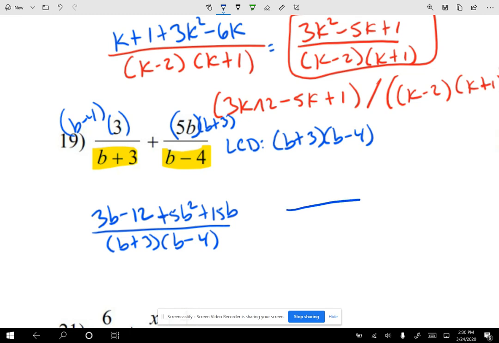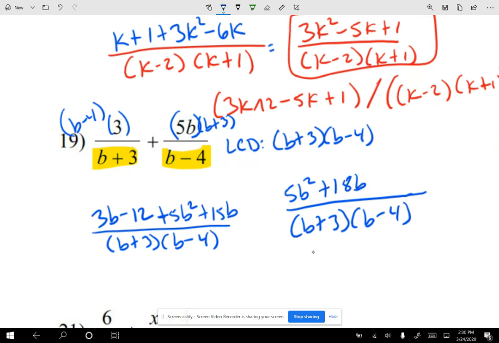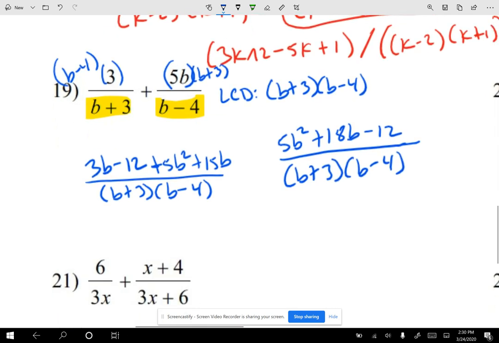So my answer, my two factors that I have at the bottom, b plus 3 and b minus 4. On the top, let me combine my like terms, starting from the highest exponent, 5b to the second plus 18b minus 12.